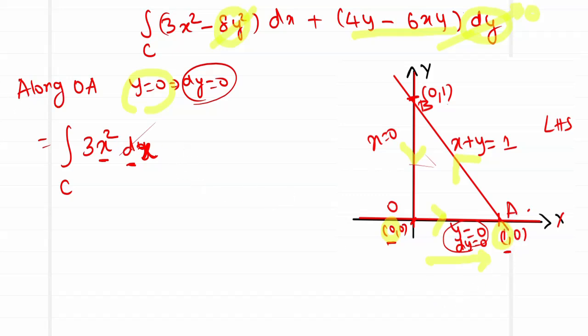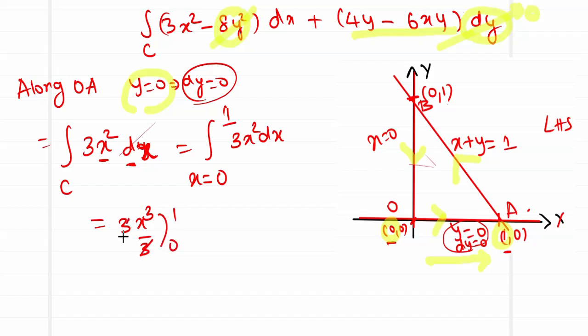So it becomes clear that my x varies between 0 to 1. Hence, I can evaluate the integral of 3x square dx as x cube by 3 KI between the limits 0 to 1. So that makes it 1. So for my first division along the line OA, the answer obtained is 1.